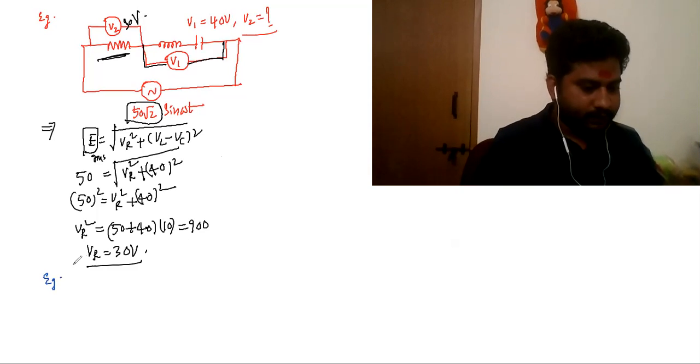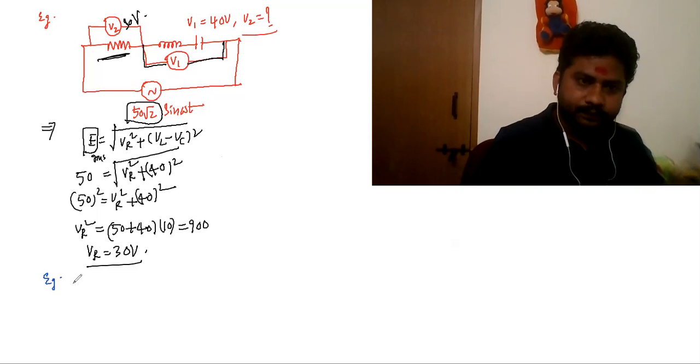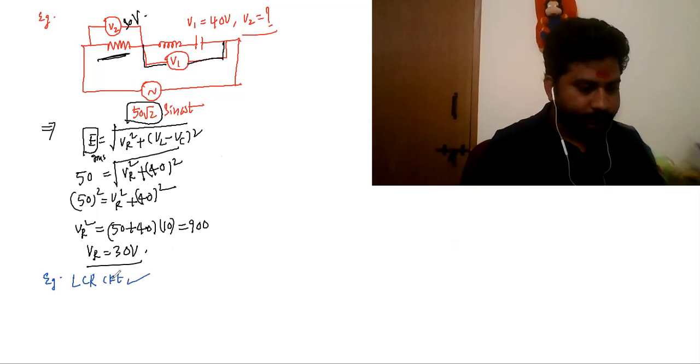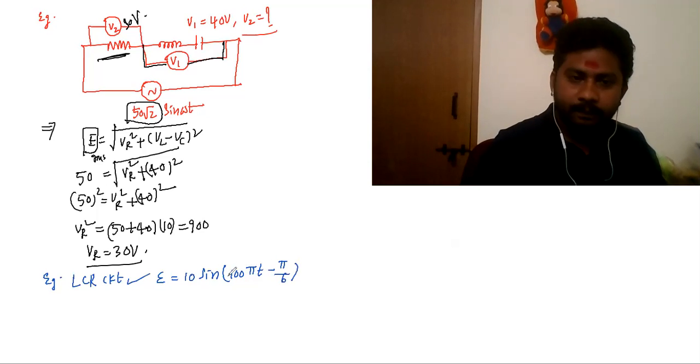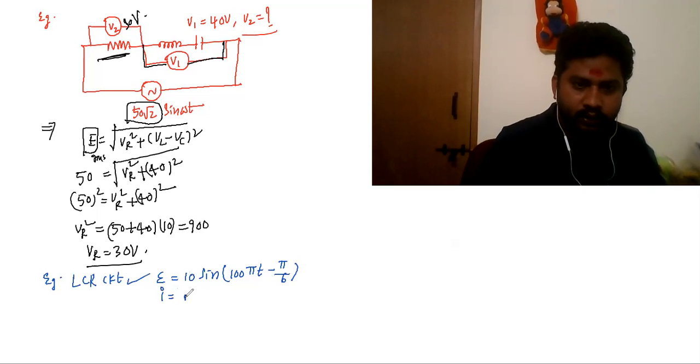Let's look at this example. Question is, there is an LCR circuit connected to the source EMF 10 sine 100 pi t minus pi by 6, and the current supply is given as 2 sine 100 pi t plus pi by 2.